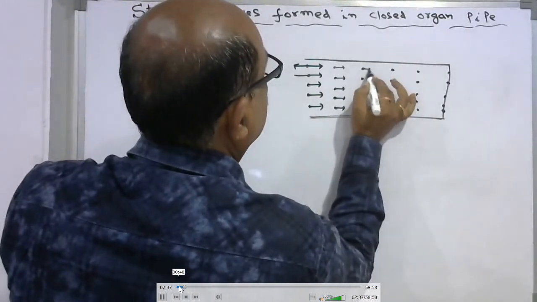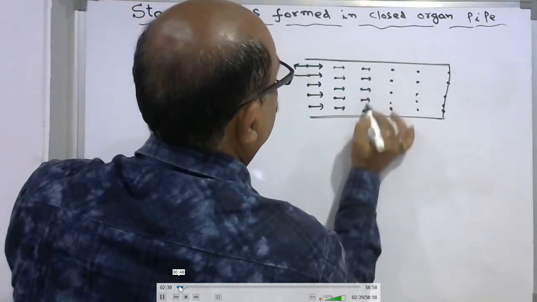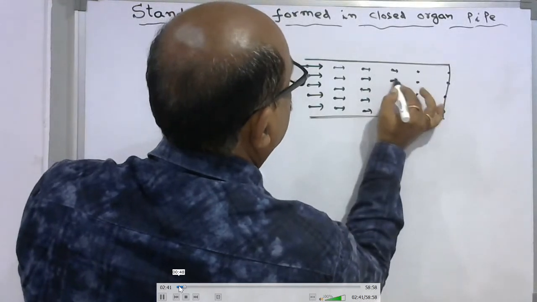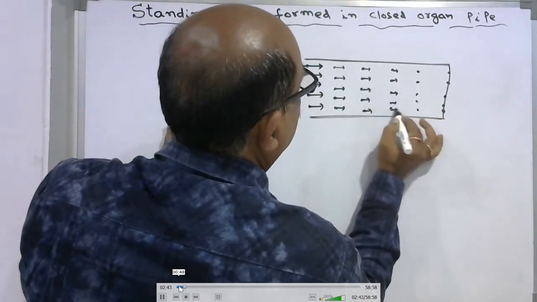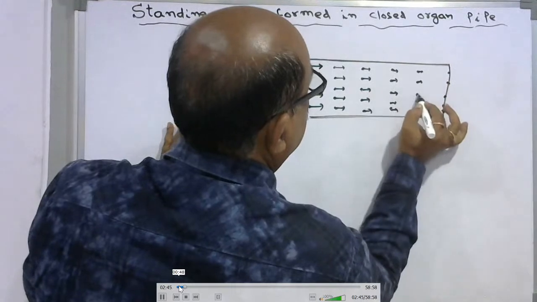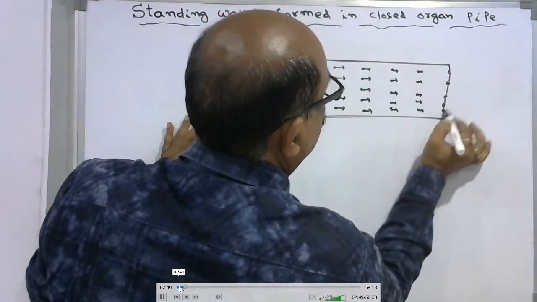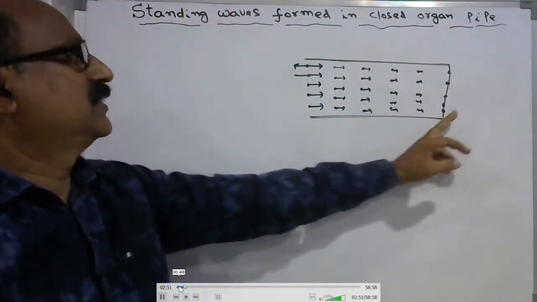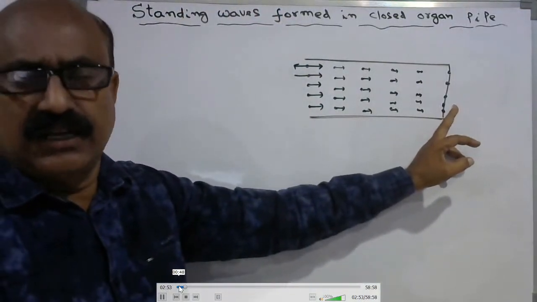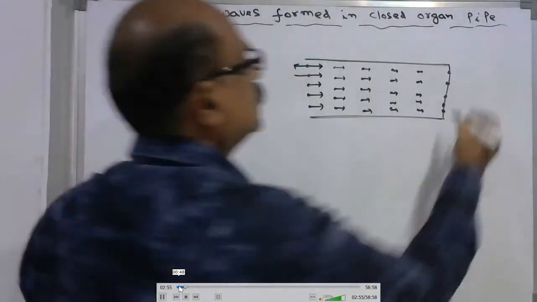See, this is very, very less, and almost its displacement becomes less. And the displacement of this becomes 0.